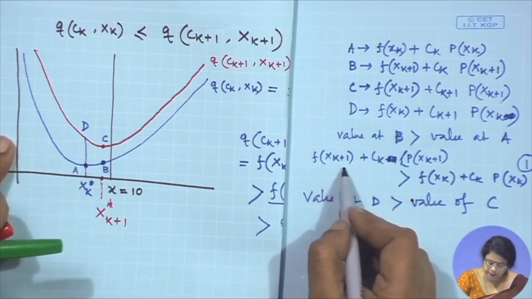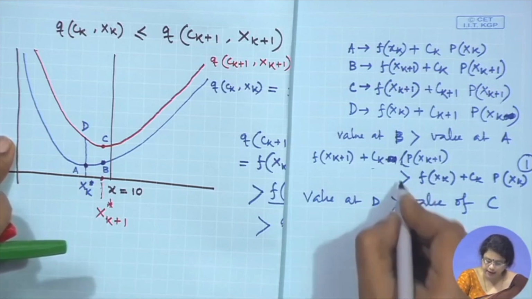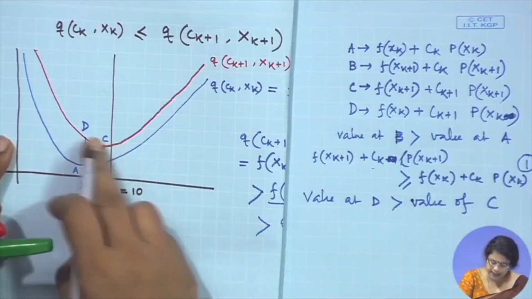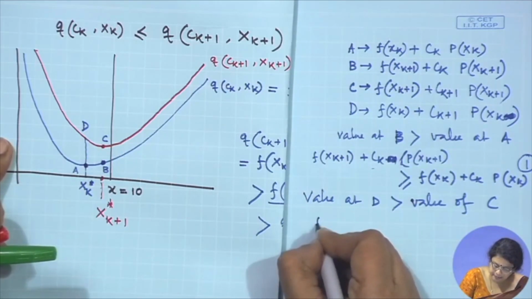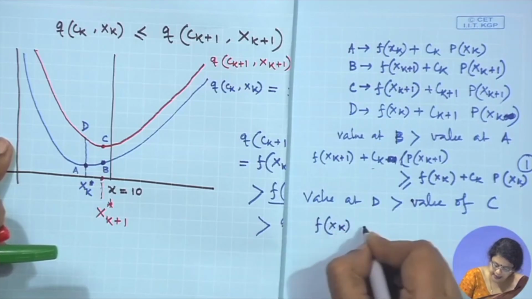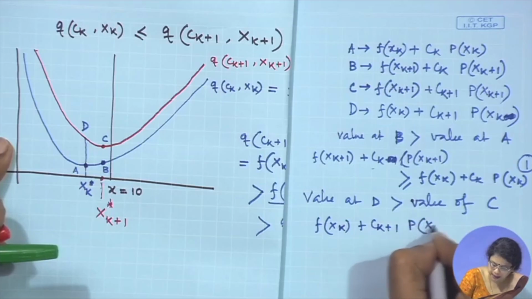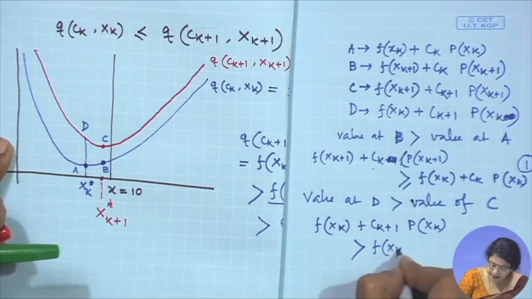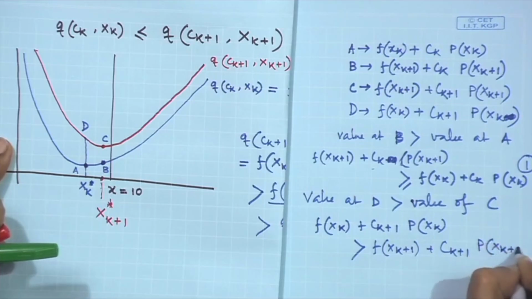Now, f(x_{k+1}) plus c_k p(x_{k+1}) is greater than or equal to f(x_k) plus c_k p(x_k). Now, for D and C this is the case. D is f(x_k) plus c_{k+1} p(x_k), greater than f(x_{k+1}) plus c_{k+1} p(x_{k+1}).